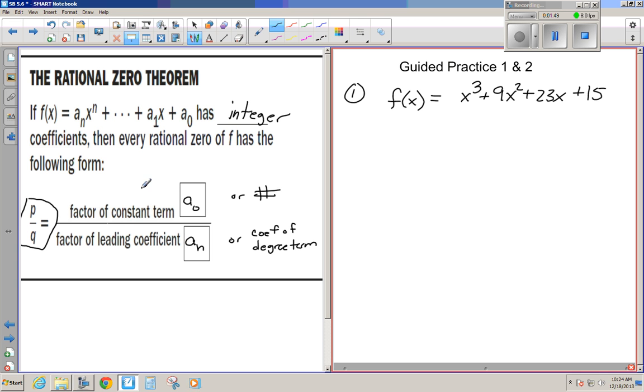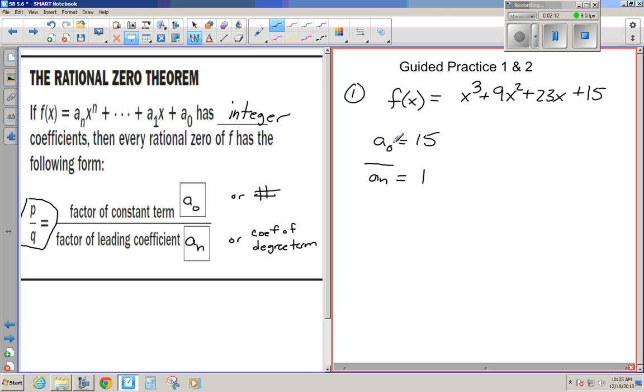And so what you do is you look at factors of the constant term and a sub n, which is the leading coefficient, which is 1.